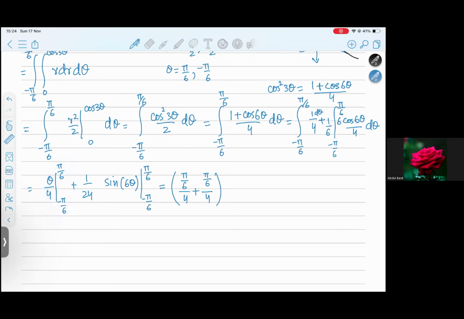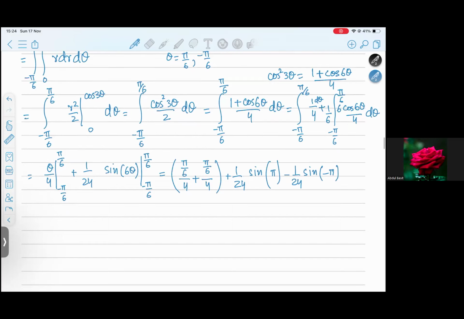Now evaluating the next term, if I plug in sine 6 theta, sine of 6 times pi over 6 is sine of pi, and minus minus again makes it positive, plus 1 over 24 sine of pi. Plugging in negative pi over 6, it will be negative 1 over 24 sine of negative pi.